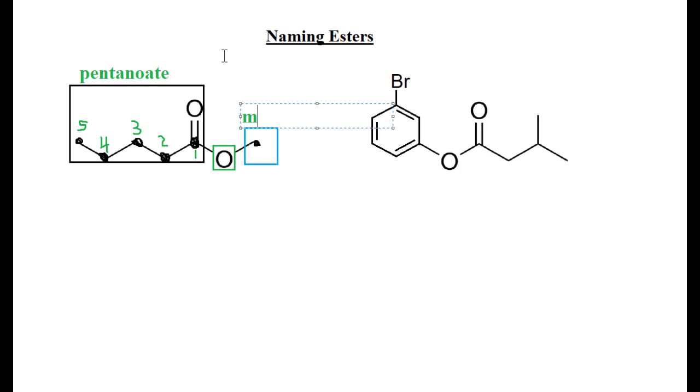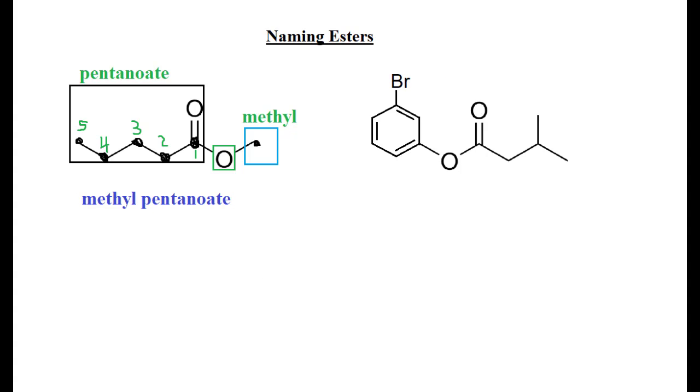So this is a 1-carbon branch. That would just be called methyl. And then for writing down the full name for this compound, I put the less important side first, methyl, and then I put a space, and then I put the more important side, its name, which is pentanoate. So this would be methyl pentanoate.